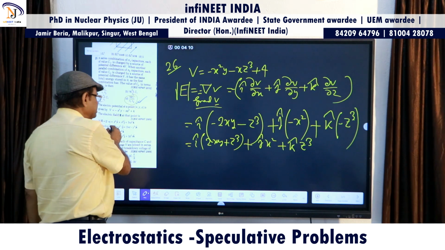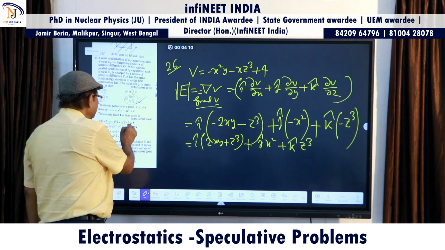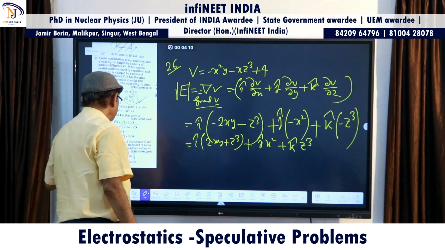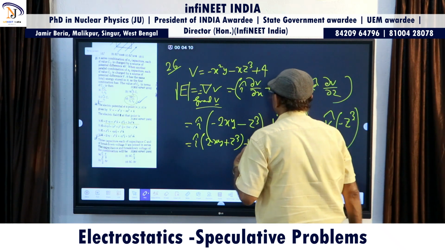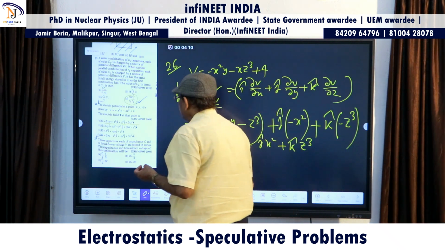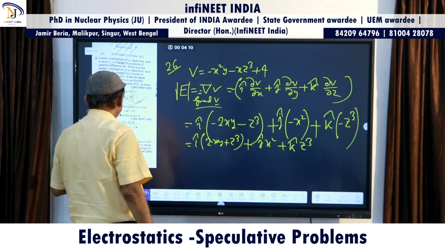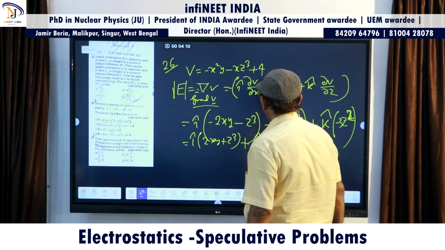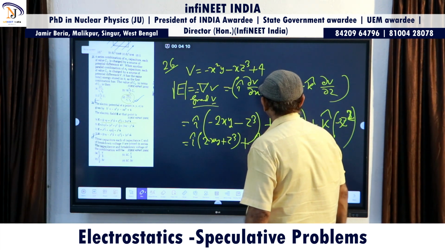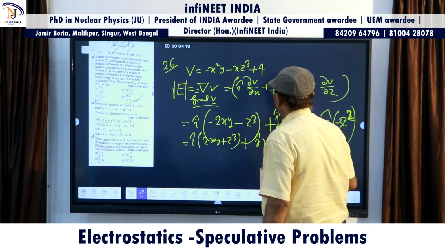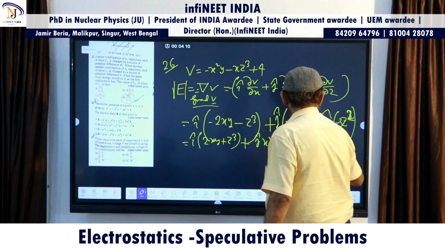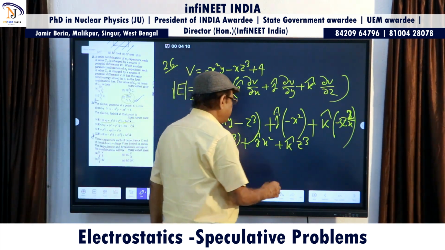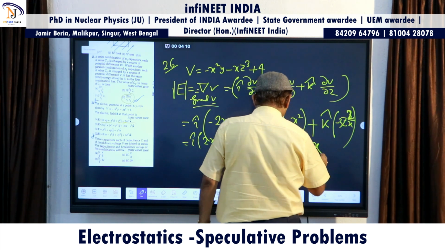Which one resembles this? x square y, thrice x z square, x square y, and the last one x z cube, dV/dz, thrice z square into x.